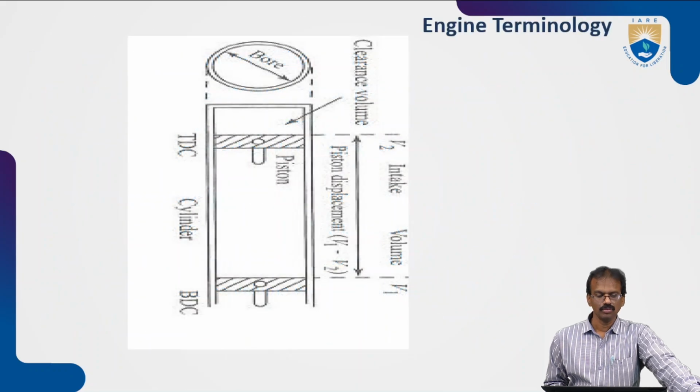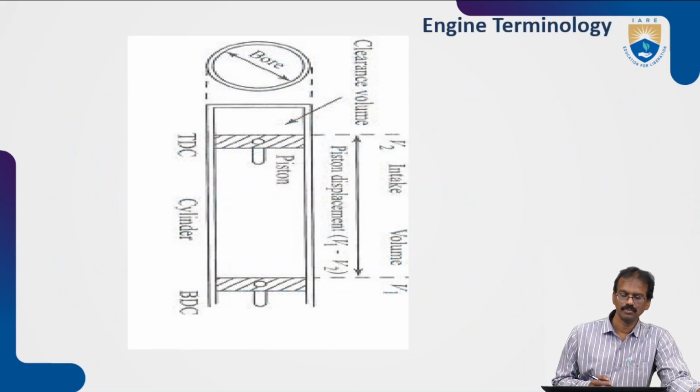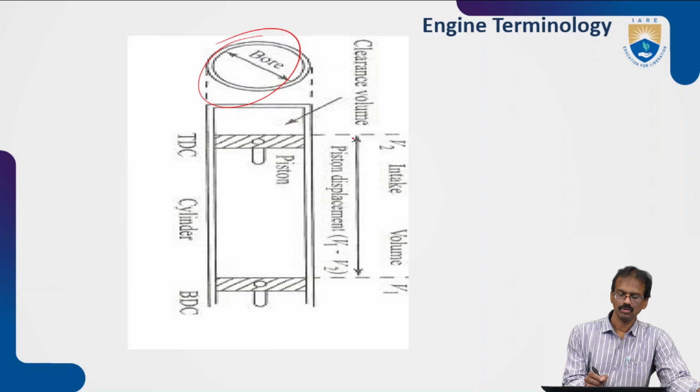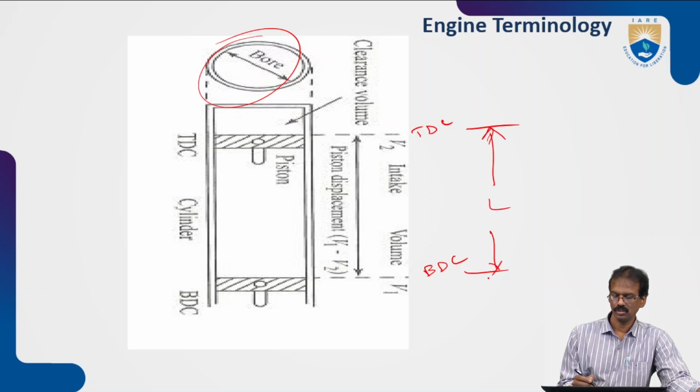Okay, so we can see the block diagram. This is the bore, the inner diameter of the combustion chamber or cylinder, or the outer diameter of the piston also; both are the same. The dead centers are between where the piston will move. This is the top dead center, this is the bottom dead center. The distance between them is L, the stroke, because the piston moves from top dead center to bottom and back to top.